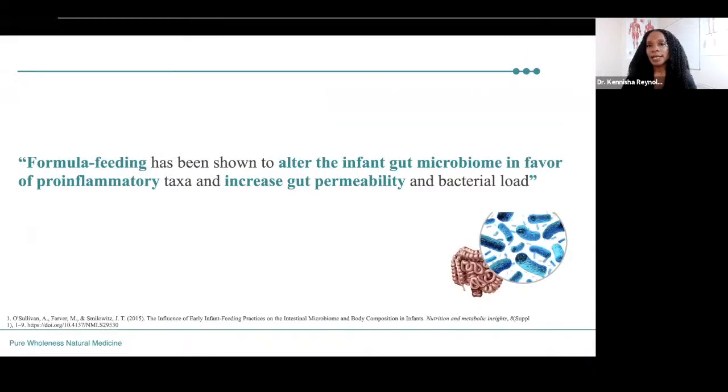Formula feeding has been shown to alter infant gut microbiome in favor of pro-inflammatory taxa and increased gut permeability and bacterial load. So it's important, again, as equally important to have a vaginal delivery.